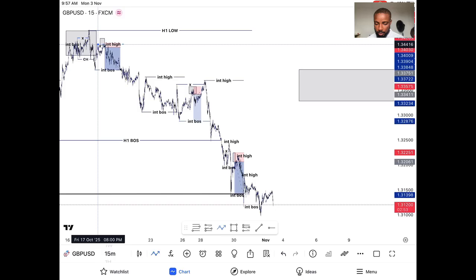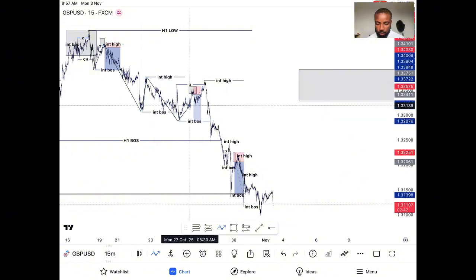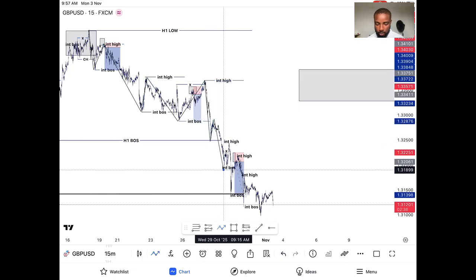All the way from this place, we got our high, our low, our lower high, then our lower low, lower high, lower low, lower high, lower low, lower high, lower low, lower high, lower low.